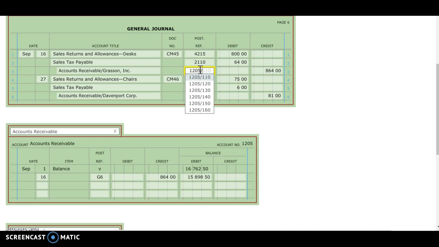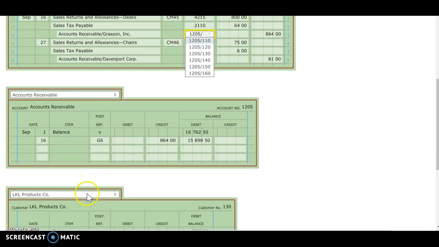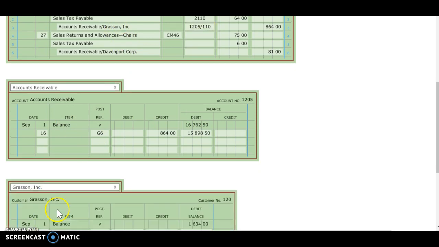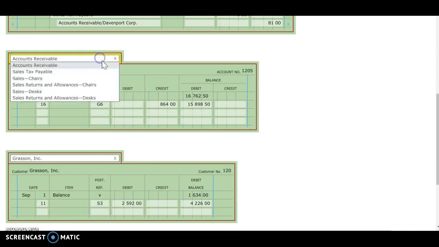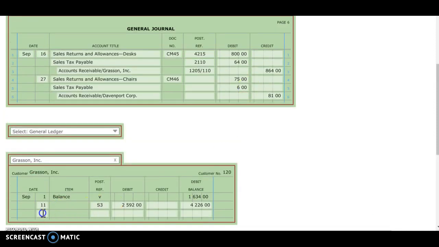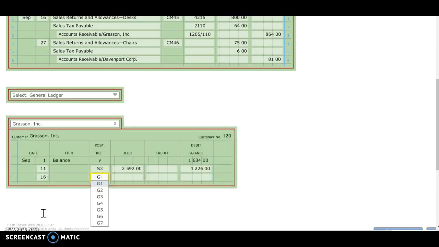Now I'm going to wait to put in the next number because I need to post it first. So I'm going to go down to Grasson Incorporated. Now that's going to be in my accounts receivable ledger. Okay, so the date is the 16th. This time I'm on General Journal page 6.